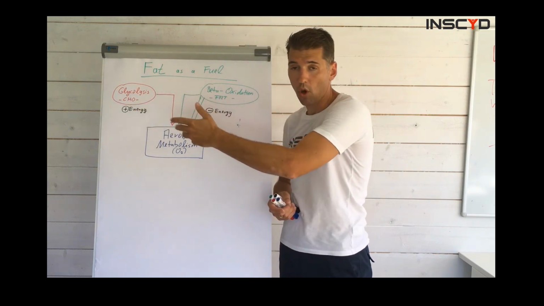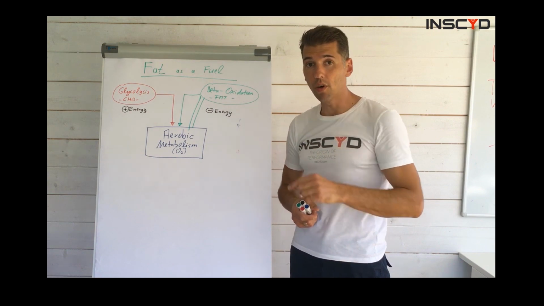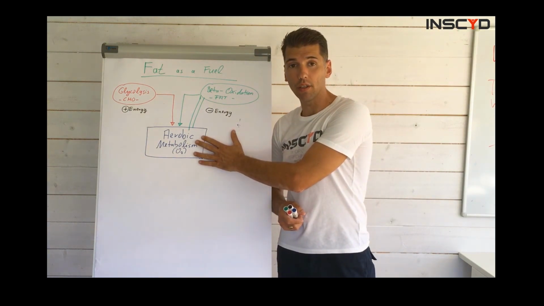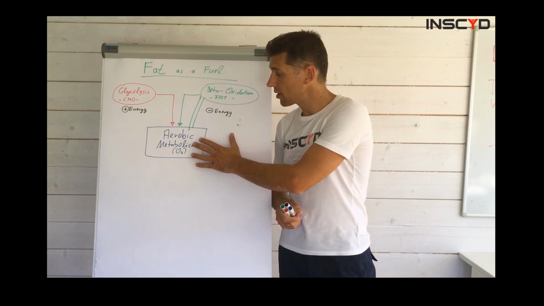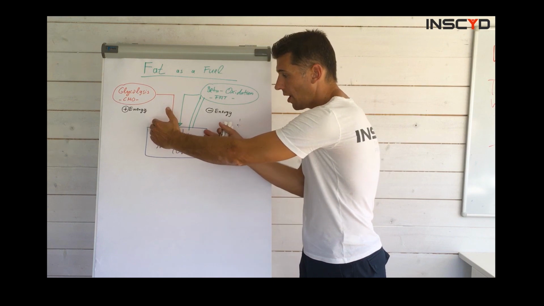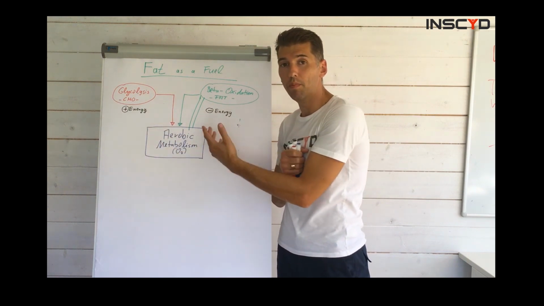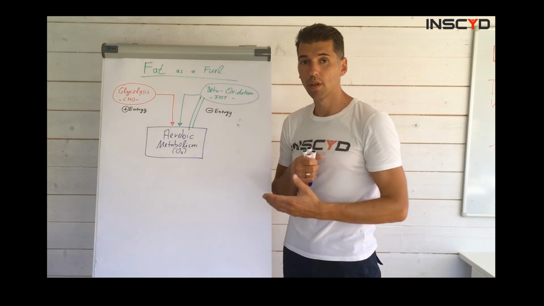Low VLamax, obviously the opposite. And of course, on top of that, you need to have a high aerobic engine. You need to have a highly developed aerobic system. Because obviously, the more substrate, the more energy this can take in, the more ability there is to burn fat.